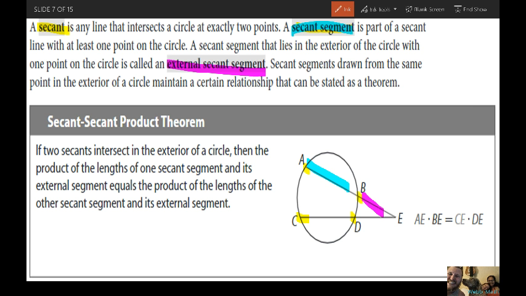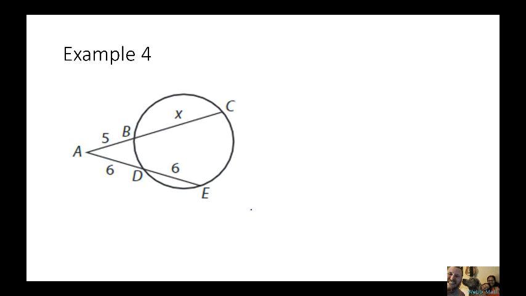So basically, we have a situation where AE, this whole guy, times BE, the outer guy, will equal whatever CE is, this whole long guy, times the exterior secant. So this whole secant line times the external secant segment will equal this whole secant line times his external secant segment. Okay, so let's go ahead and see an example of this.